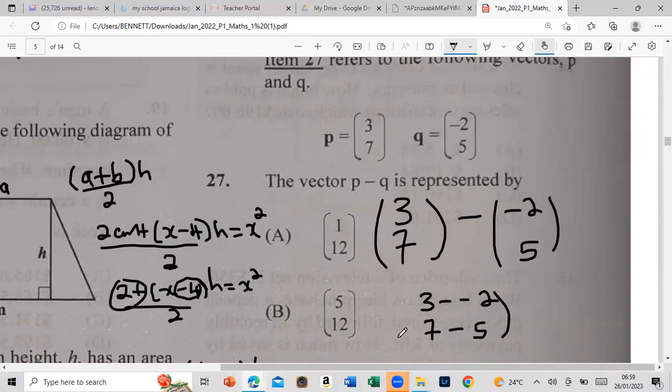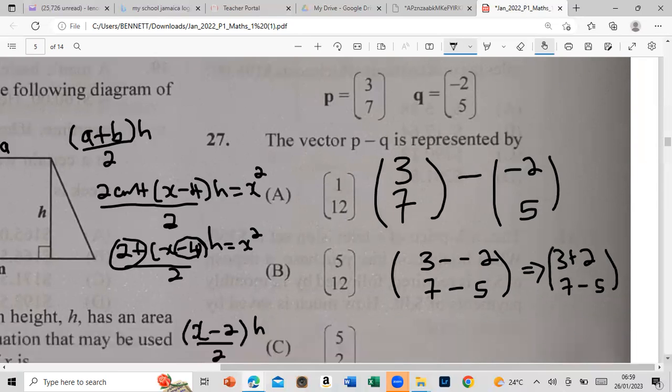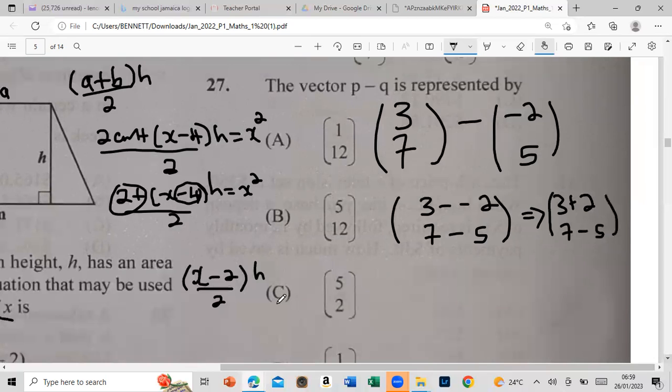So as I was saying, these two negatives become a plus. So it becomes 3 plus 2, and then 7 minus 5. Alright, so we can see clearly that it's going to be 5. 3 plus 2 is what? 5 and 2. So this is our answer.